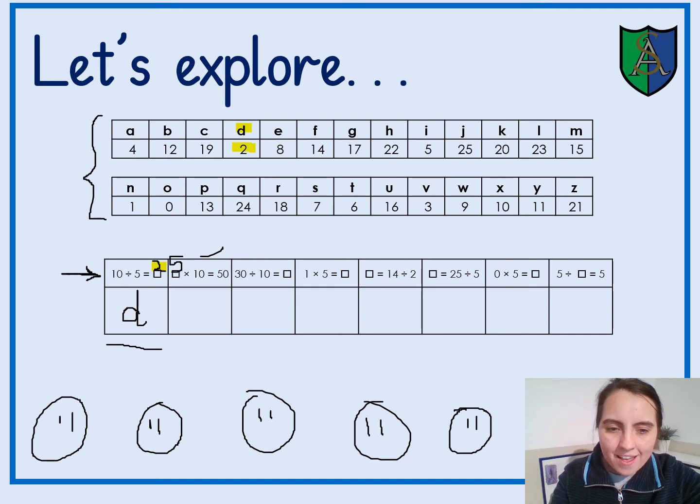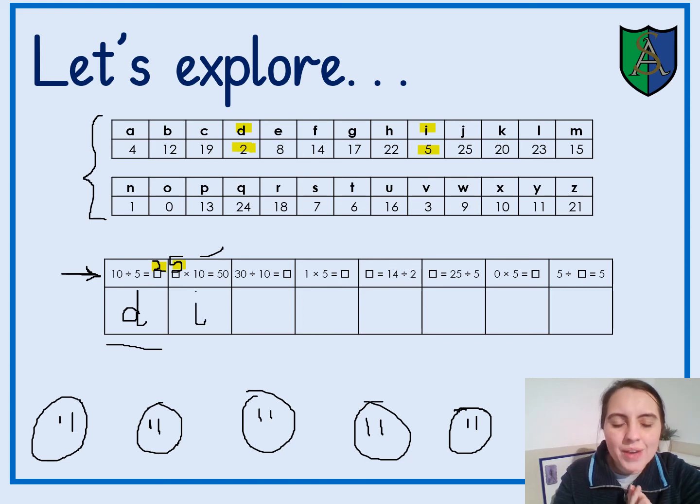There we are. And then I'm going to search for the number 5 with my letters at the top. Ooh, where's the number 5? Brilliant. There it is. There's the number 5, just like my number 5 here. And the matching letter is I. Okay, so I can go ahead and write the letter I down here.